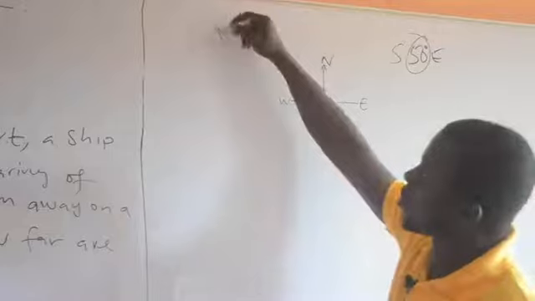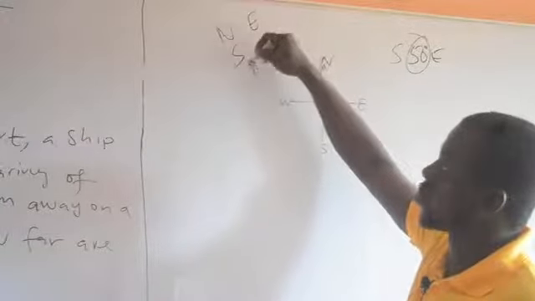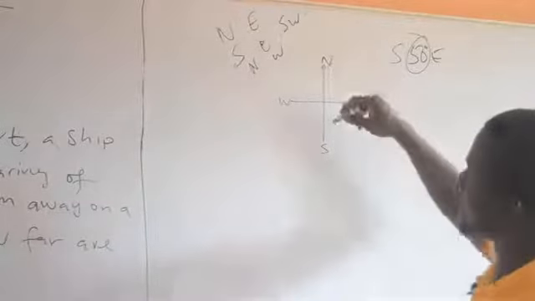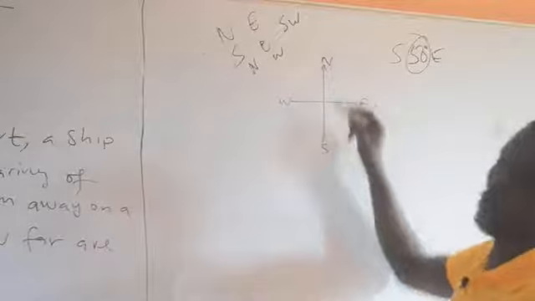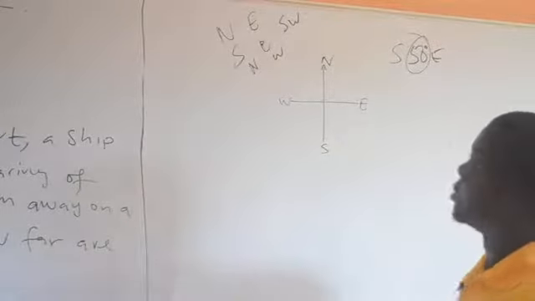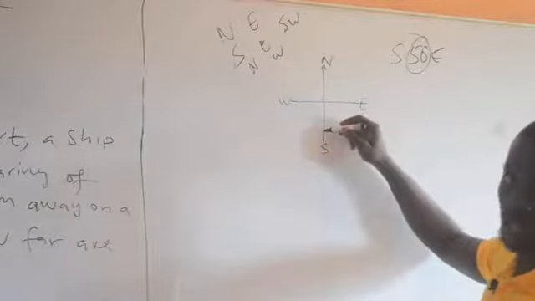If we have north-east, south-east, north-west, south-west, you start your measurement from either the north or south only. That is about compass bearing. So since it is between south and east, we're going to start from where? From south.